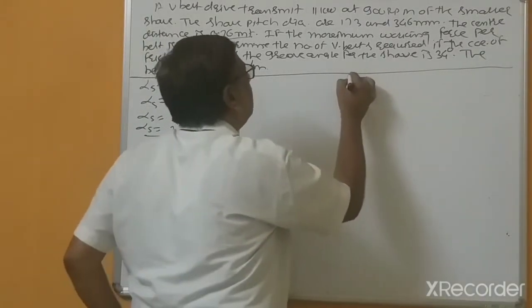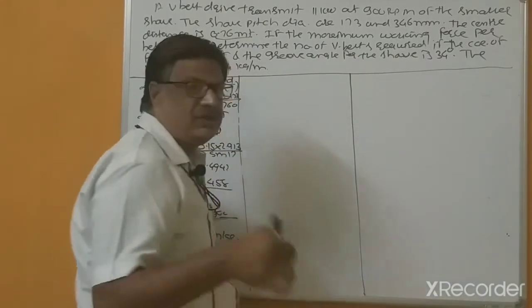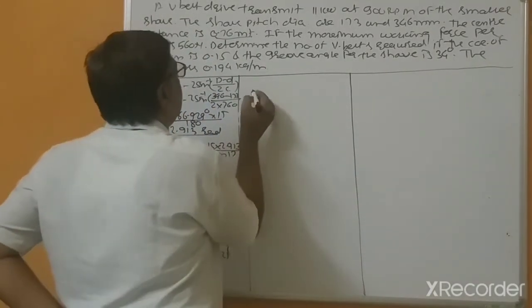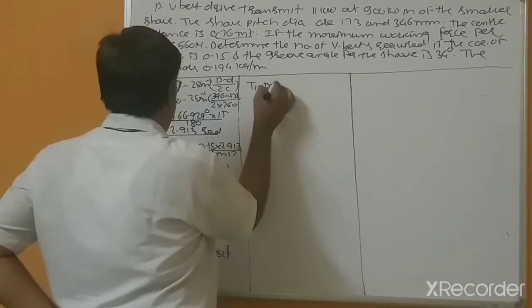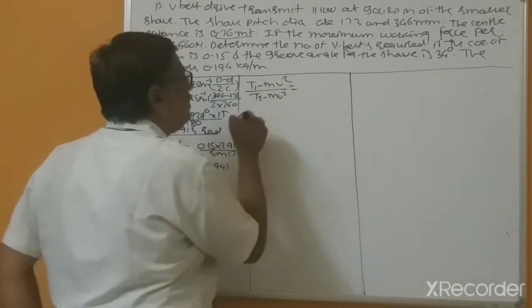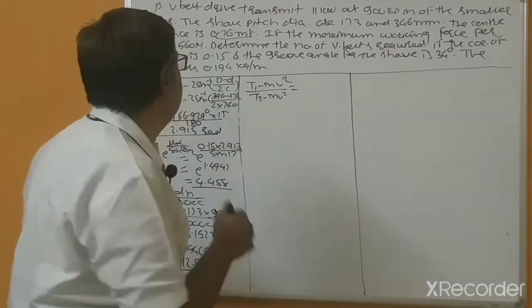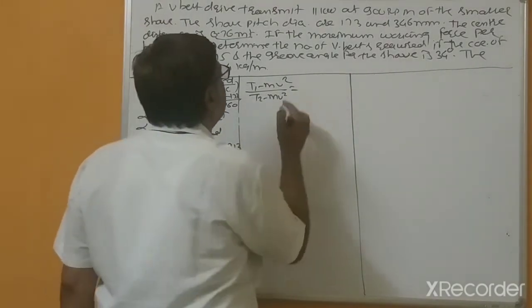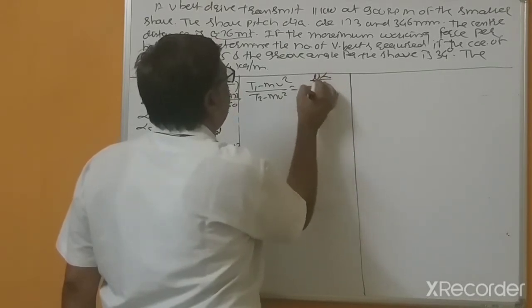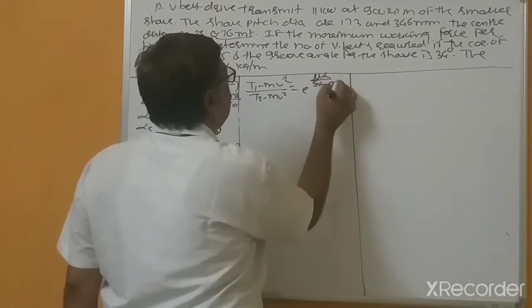Next, we will calculate the relation between T1 and T2. Considering the centrifugal tension, (T1 minus m v squared) divided by (T2 minus m v squared) equals e to the power mu alpha divided by sine theta by 2.